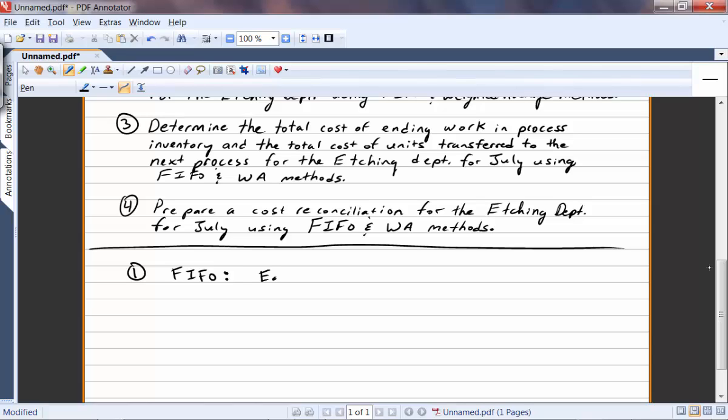Now under FIFO, the equivalent units, which we will label as EU, are equal to the equivalent units in the beginning inventory, or maybe I should say equivalent beginning units, plus the units that were started and completed this period, plus the units that are left, the equivalent units that are left.